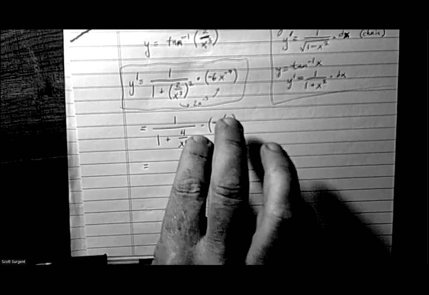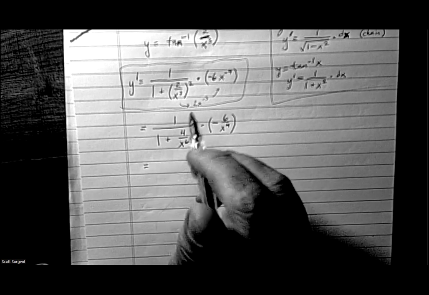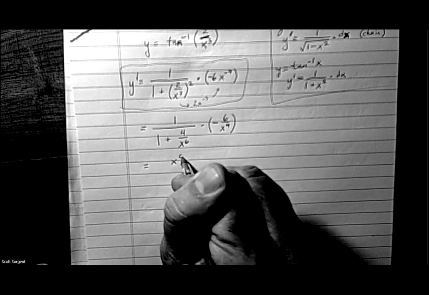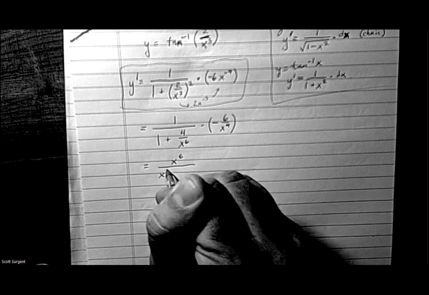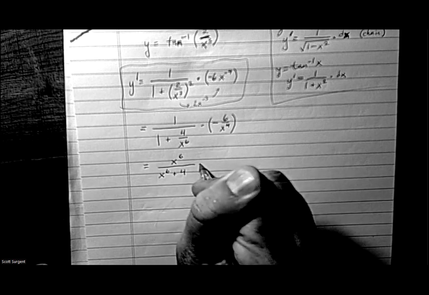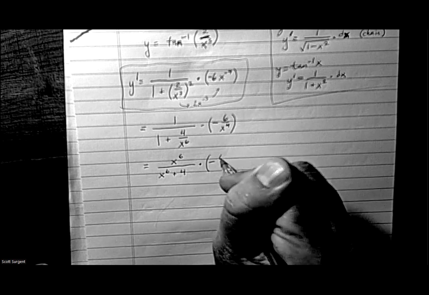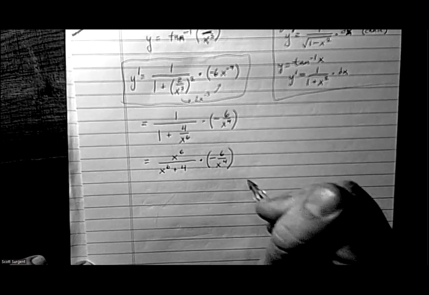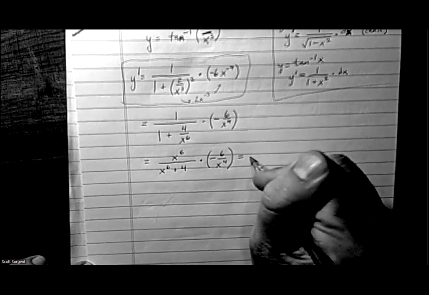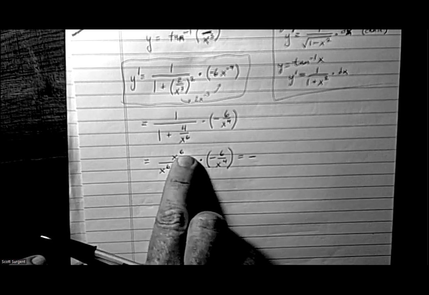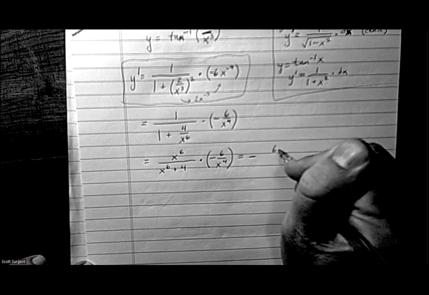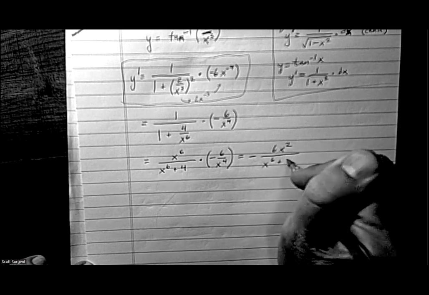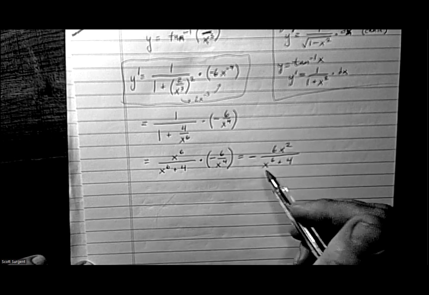Now here, I'll just multiply through by the fraction denominator to get, if I multiply top and bottom by x to the 6, it starts to clean up a little bit. So then if I bring it together, the x to the 4 and x to the 6 cancel, make x squared. I have negative 6x squared on the top, x to the 6 plus 4 on the bottom. That's the cleaned up form.